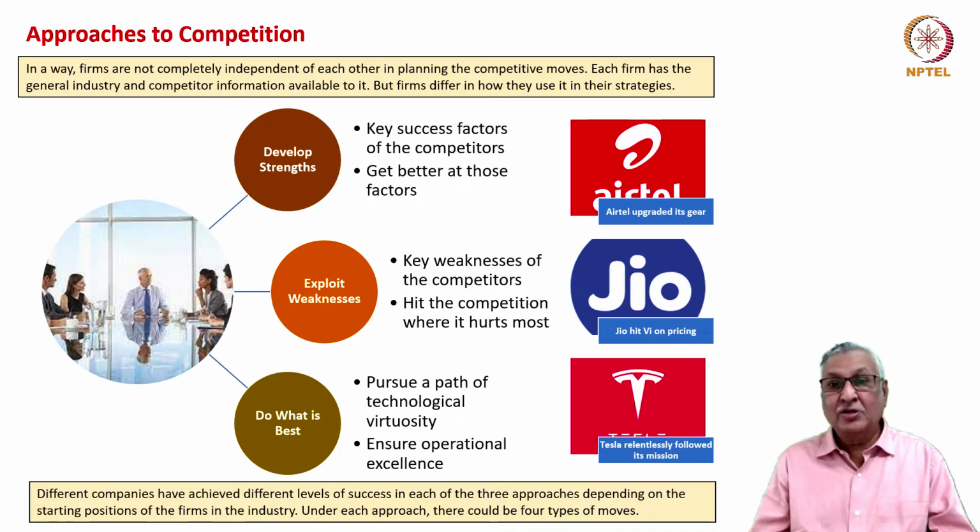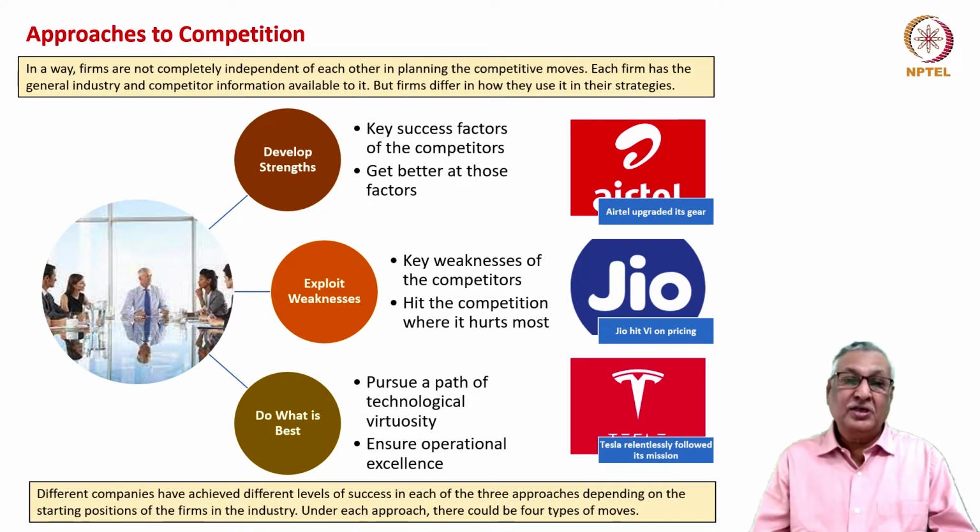It has moved on autonomy as well as electrification far ahead of the big automobile companies, and it truly believed that this is the way it has to go, and that was the way in which it had to build its strengths. So do what is best is one thing which will help firms which are technologically competent, because they will keep improving their technological strength and ensure operational excellence.